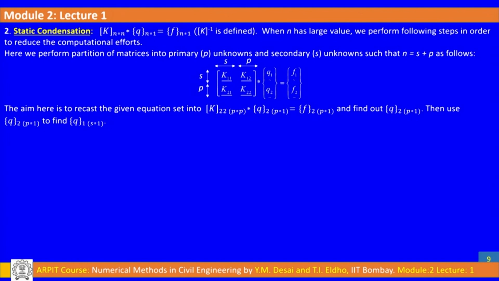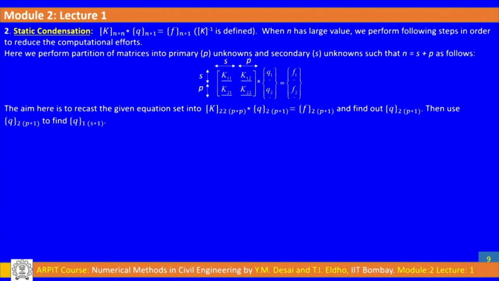Secondary means they are not less important, but we calculate them subsequent to calculation of primary unknowns, which are contained in vector Q2. If we talk about the right hand side quantities, F1 are the terms which are known to us, which are basically appearing in the first S equations, and the F2 vector contains terms appearing in the remaining P equations.